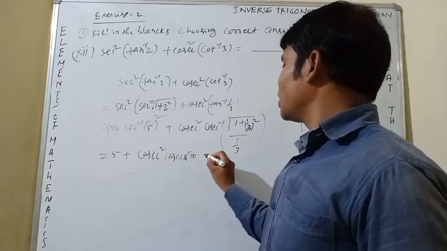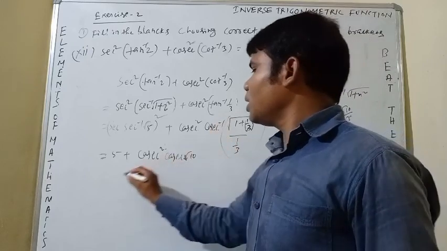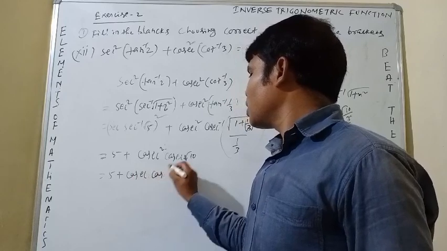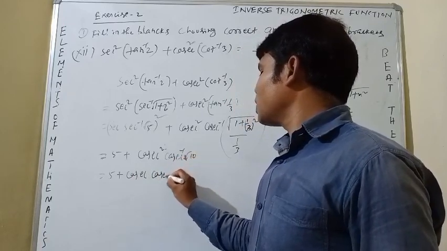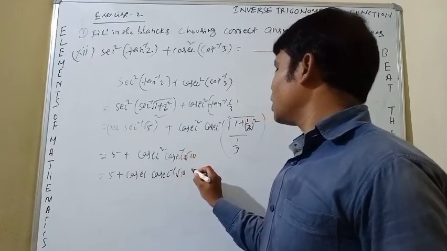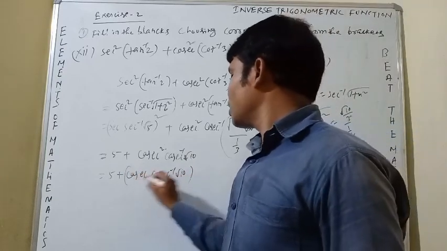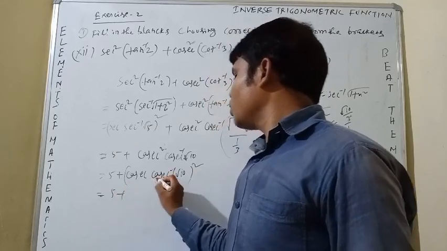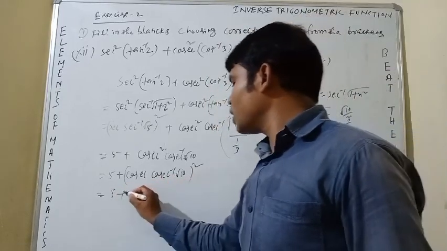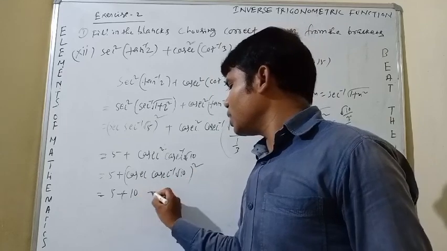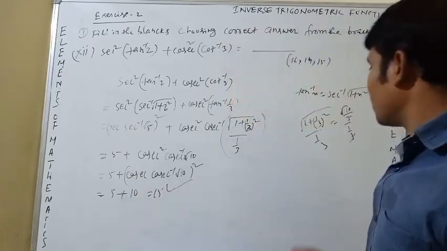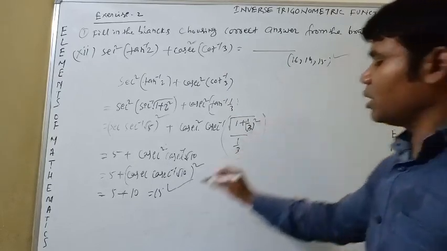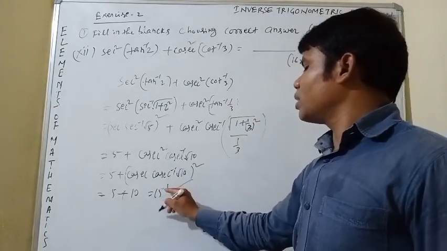Then this is equal to 5 plus cosec square cosec inverse root 10. Square is equal to 5. Cosec and cosec inverse cancel out, root 10 square, that is 10, is equal to 15. So the correct option is 15. Okay, pause the video, note it down.